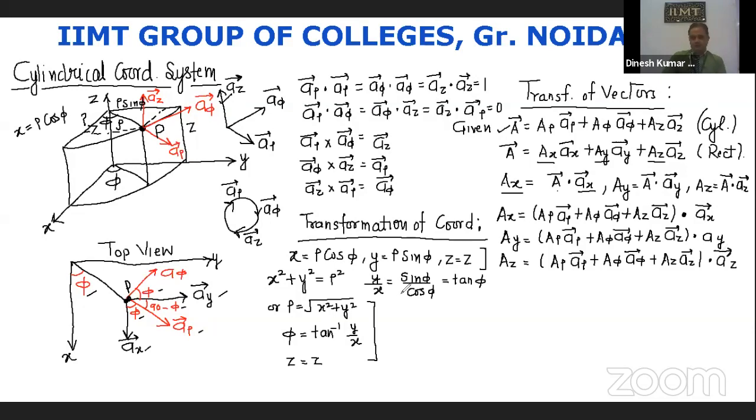Okay. Now from these three expressions, one thing is clear: to find out the vector in the rectangular coordinate system, which is our aim, we need to first know the dot products between A rho, A phi, AZ with AX, AY, AZ, because these 9 terms we need to know, then only we can solve this.